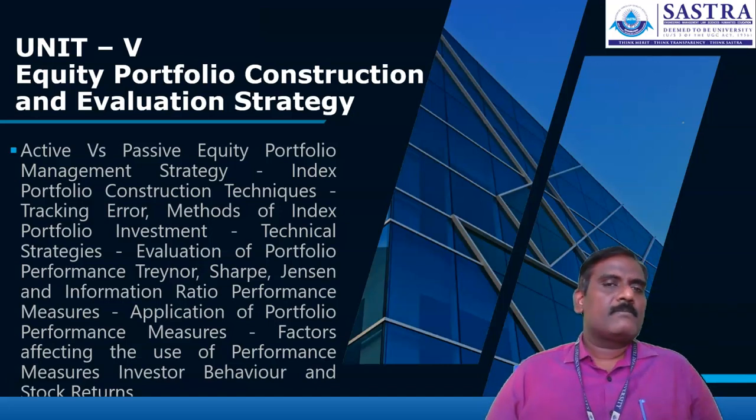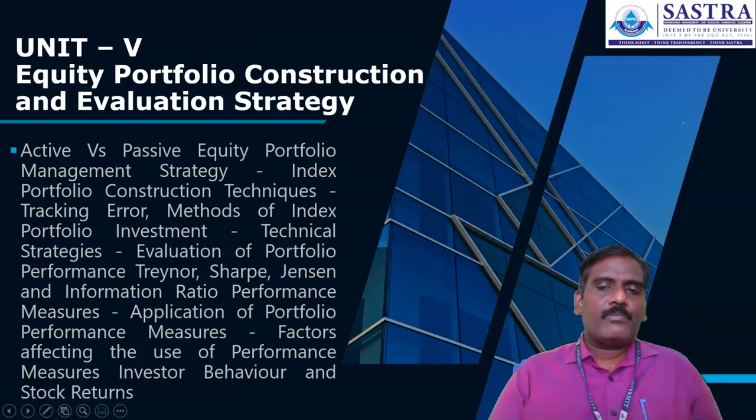Sharpe index, Treynor measure, and Jensen's alpha are the major methods deployed by investors to evaluate various portfolios. So these are the things in Unit 5.